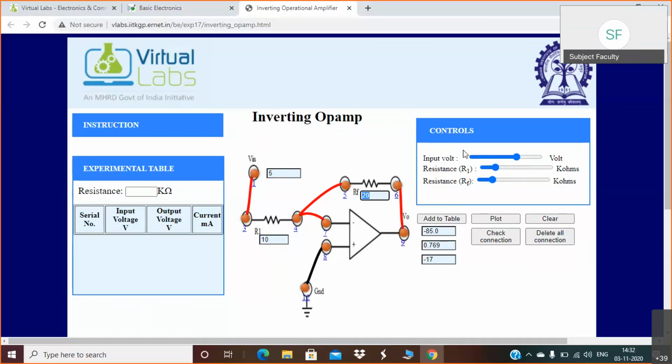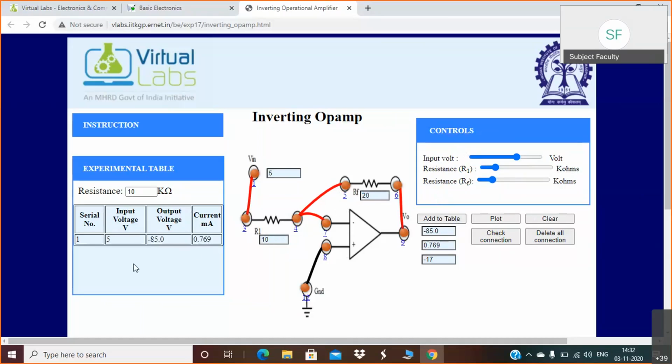When you have selected these parameters, you simply go to this tab and click on add to table. This is the table. So I am clicking on add to table.